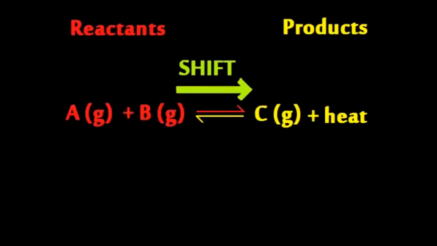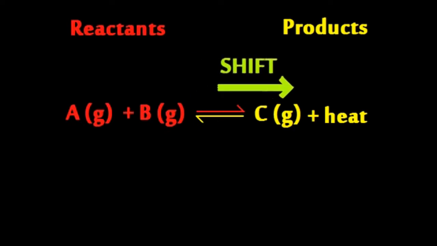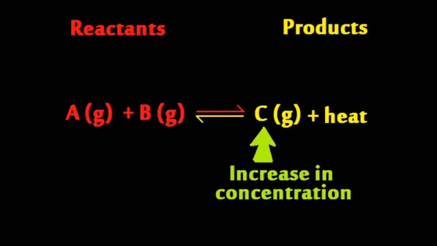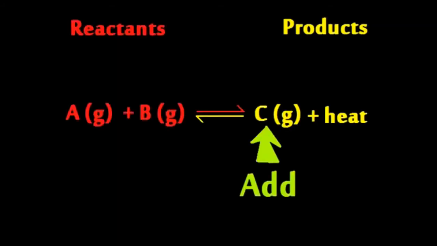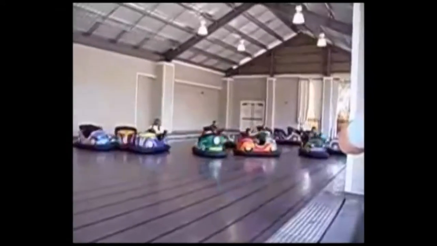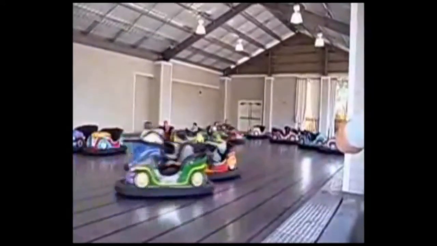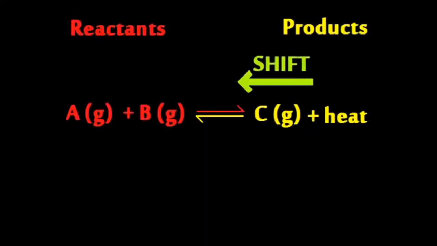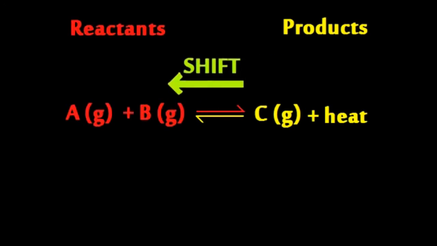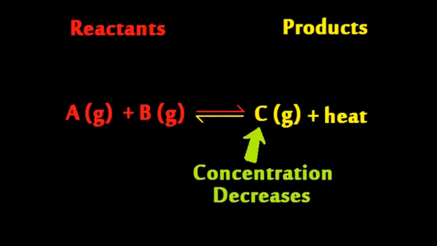It shifts towards the product side. Product increases seen. If you add a product, collisions will improve. The shift is toward the reactant side, and products are removed.